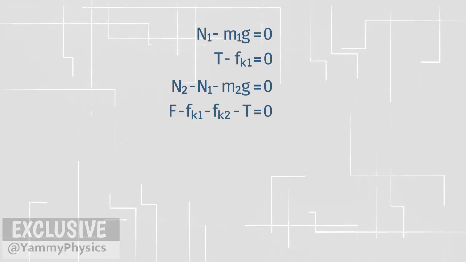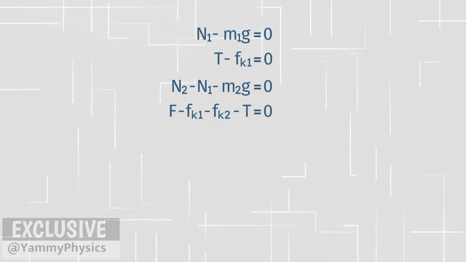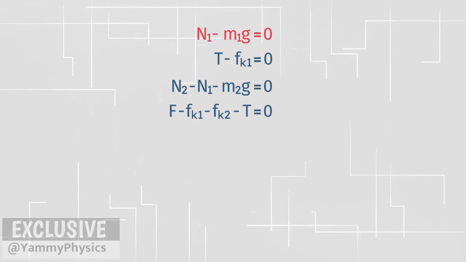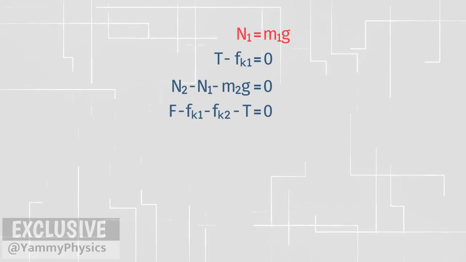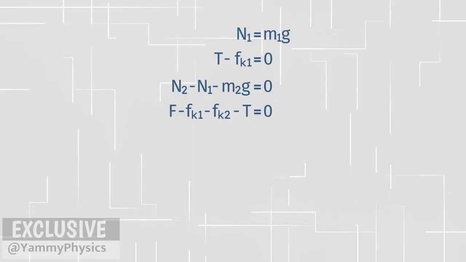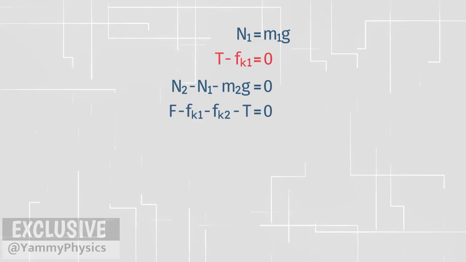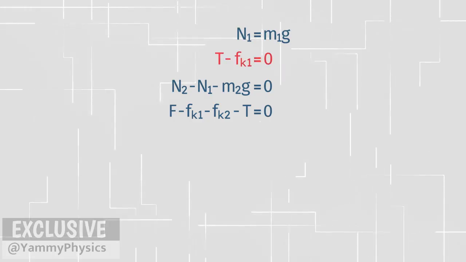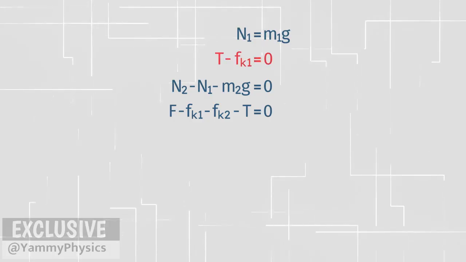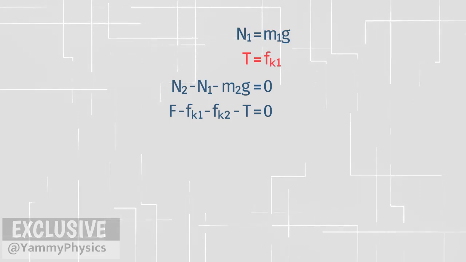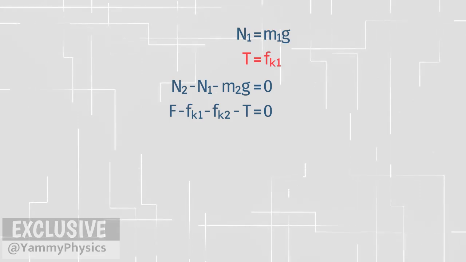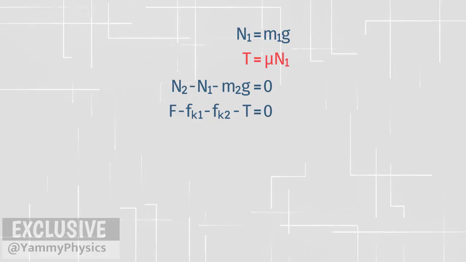We start from the equation that looks the simplest. That's right, from equation 1, N1 is equal to m1g. Next is this equation. T is equal to Fk1. The friction force is mu multiplied by the normal force.